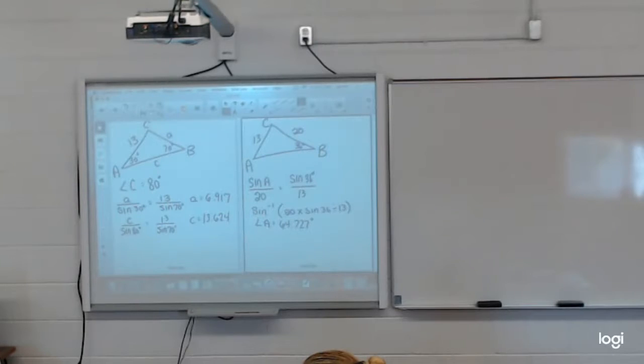So what I would suggest, because your calculator is more sophisticated, is you go second function sine first, then punch it in: 20 times sine 36, and you have to close the bracket on the sine, divide by 13. Oh, your calculator is sophisticated enough that it'll do it all in one swoop.